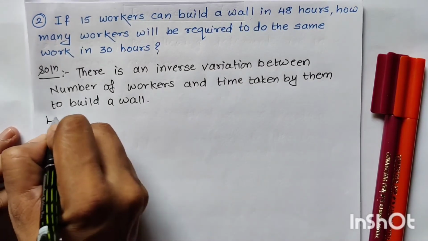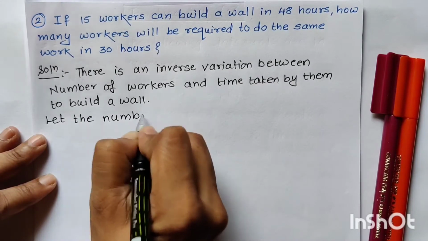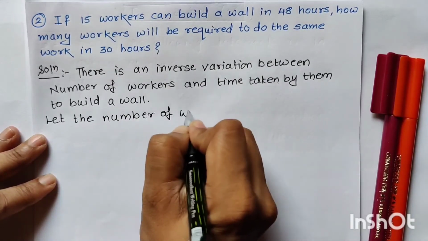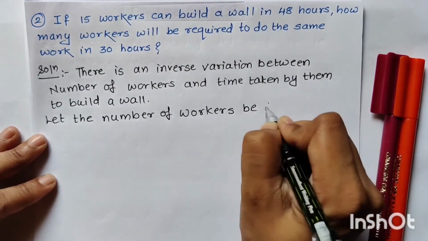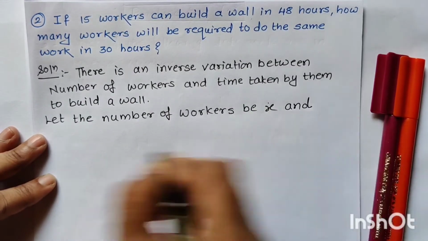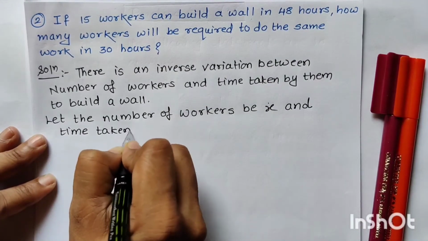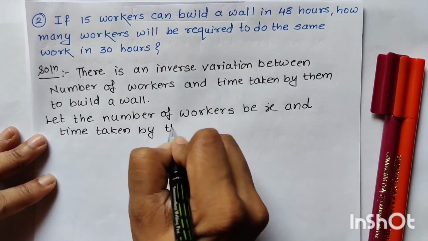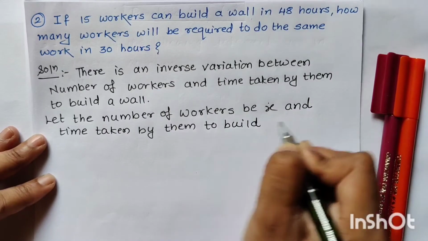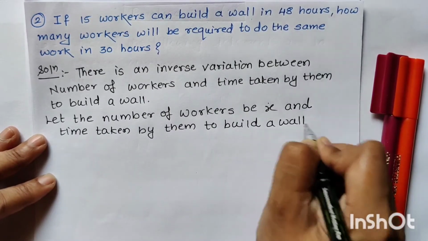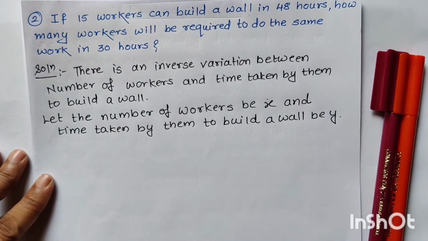So I will write, let the number of workers be X and time taken by them to build a wall be Y. So we have to take the variables on our own.